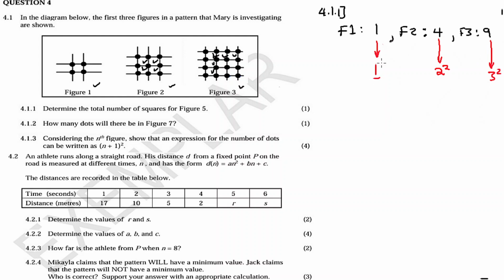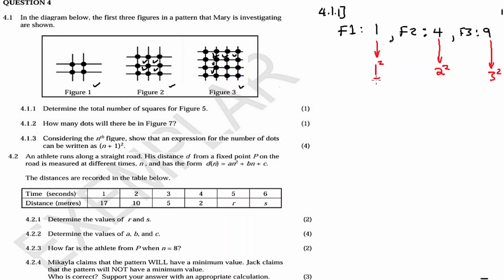Figure number 1 raised to exponent 2, and 1 raised to any exponent is just 1. I'm putting the 2 for convenience. I see an exponent of 2, an exponent of 2 even here. So I'm thinking, why don't I put a 2? Which makes sense, by the way.